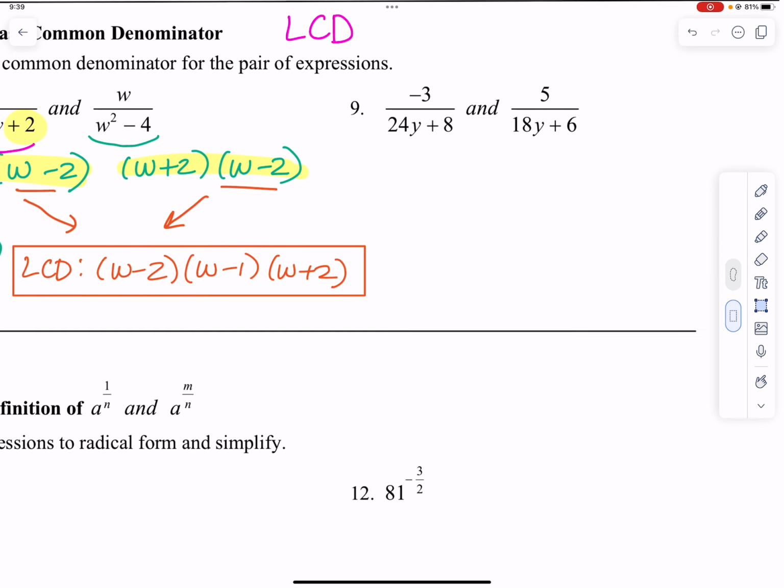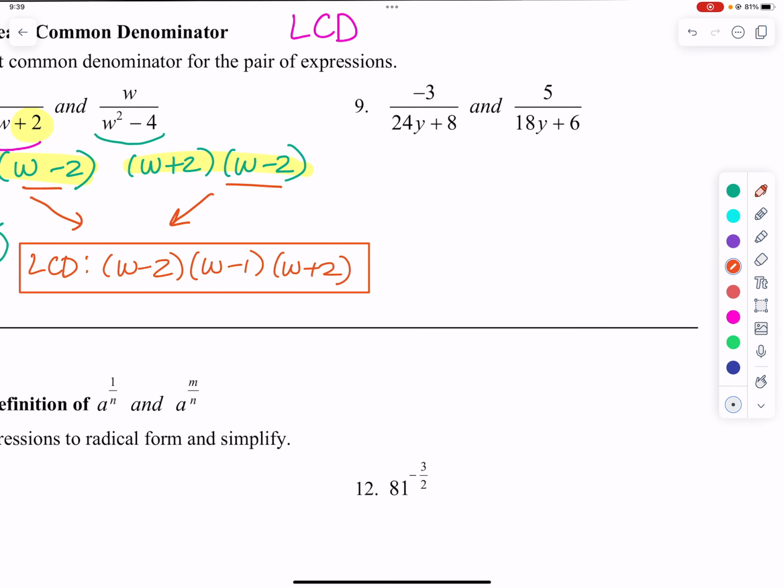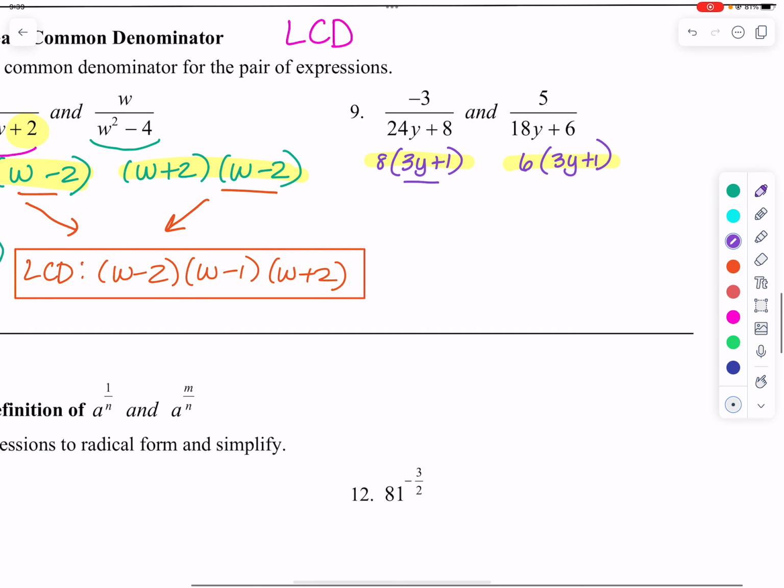And in number 9, we have a little factoring to do. So this is an 8 with a 3y plus 1. So if we factor that 8 out, and here we can factor a 6 out. So these are our two denominators, and as you can see, we have a 3y plus 1 in common.